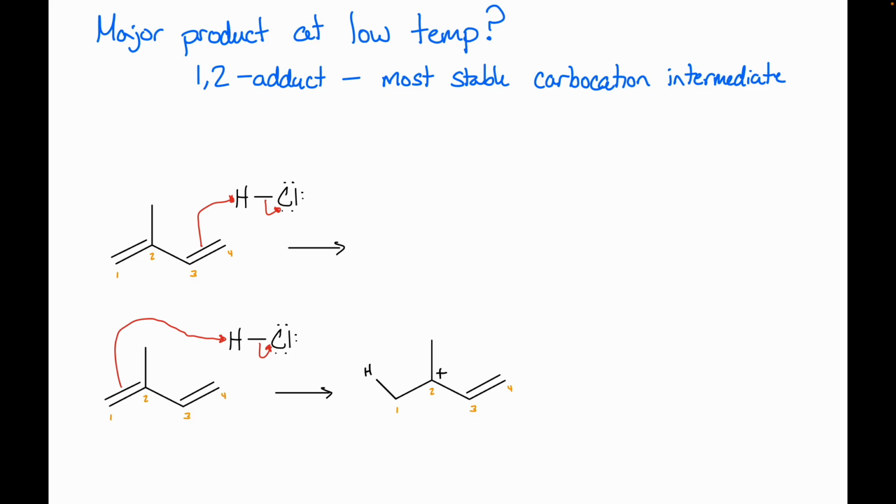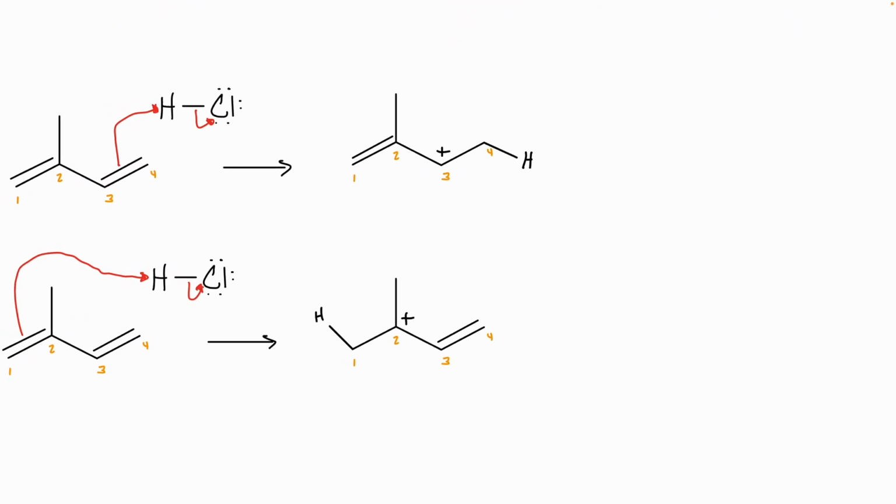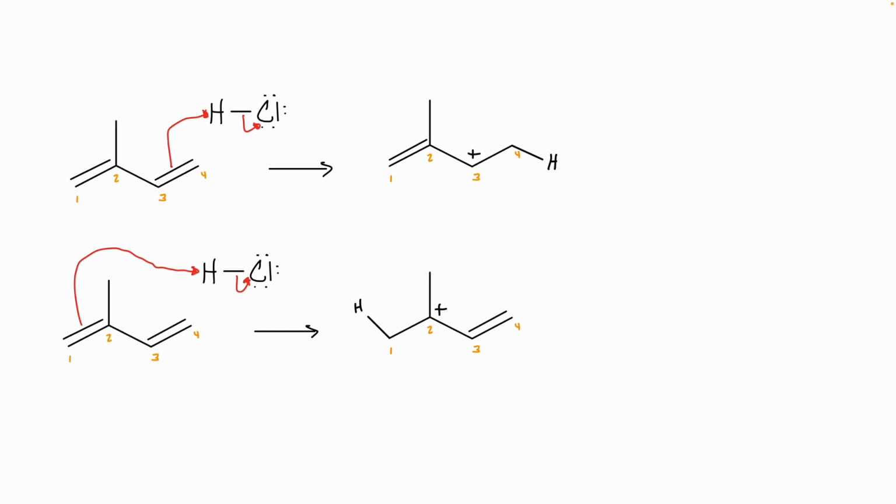If we had our other double bond react, my hydrogen would go on carbon 4, and my carbocation on carbon 3. Okay? Both of these, if our chloride ion reacts, would be our 1,2 adduct, but one of these carbocations is more stable than the other. All right? What do we think? The one on top or the one on bottom? Which one's going to be the more stable one?